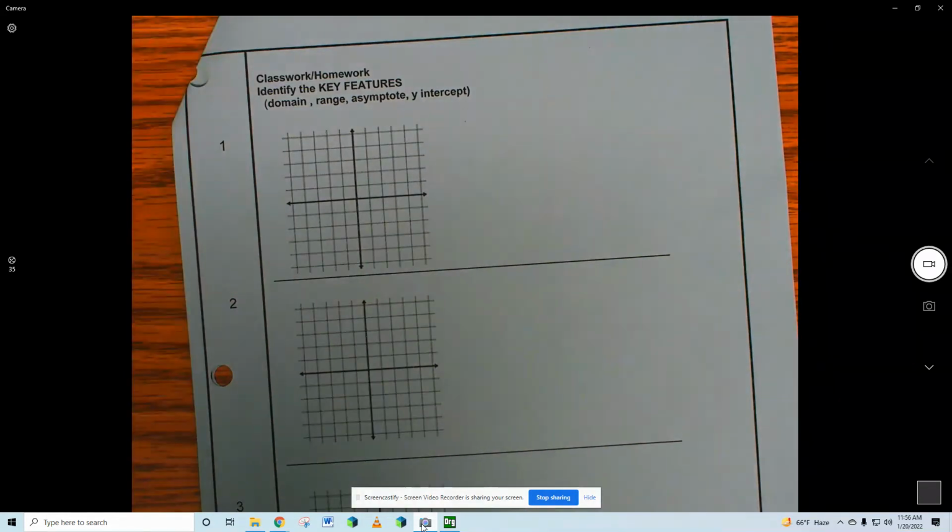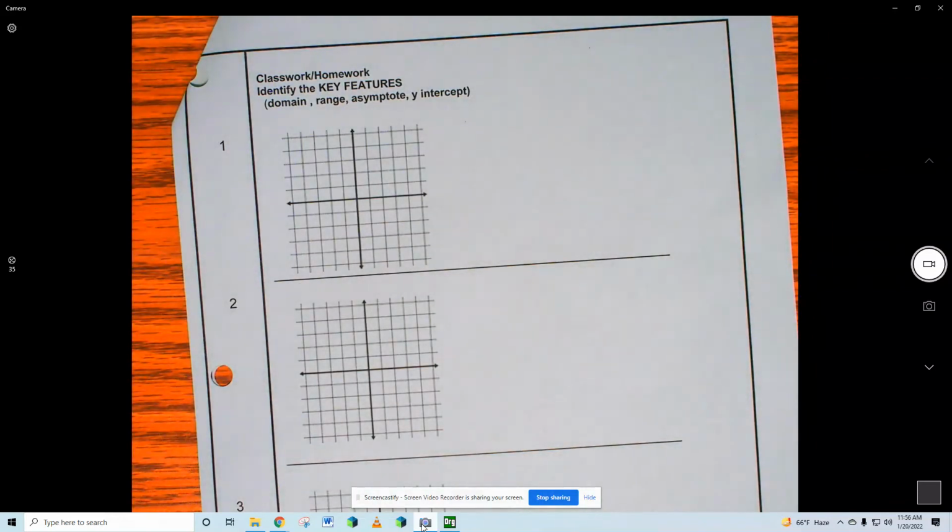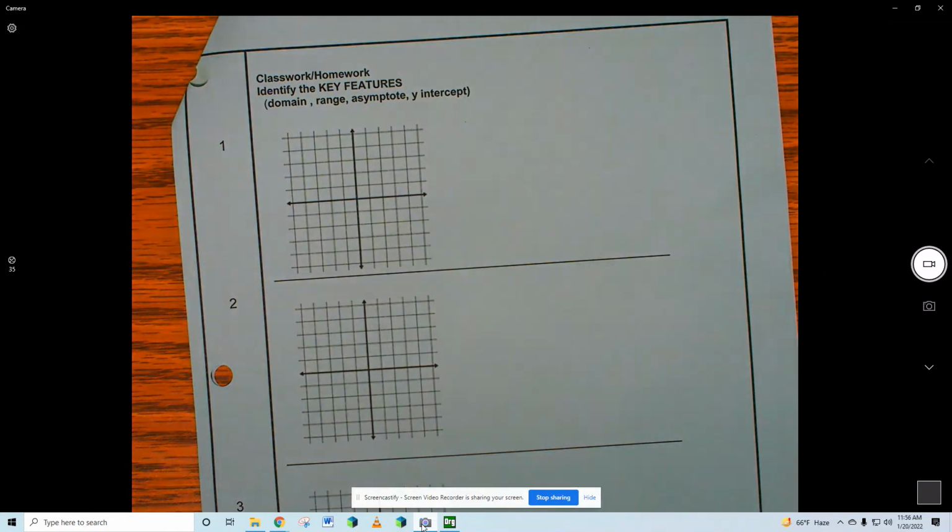All right. There's 3 that you haven't done. I'm going to draw for you. Please copy these drawings down. This starts homework. Your homework is the front side and the back side.